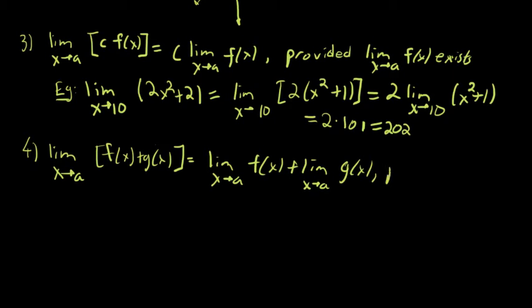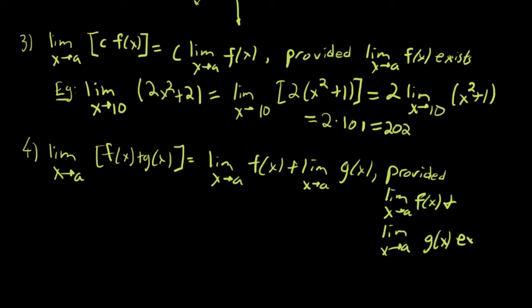And this is provided, of course, that these limits actually exist. So provided that the limit as x tends to a of f of x and the limit as x tends to a of g of x exist.